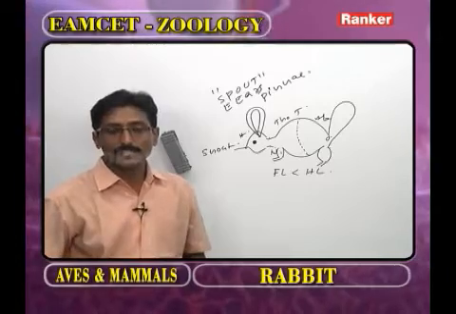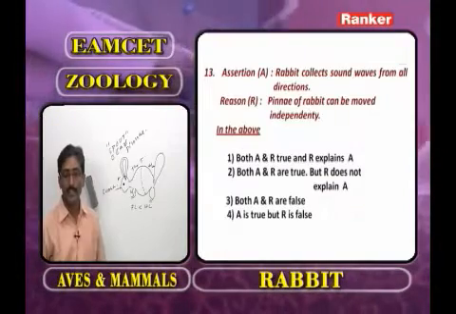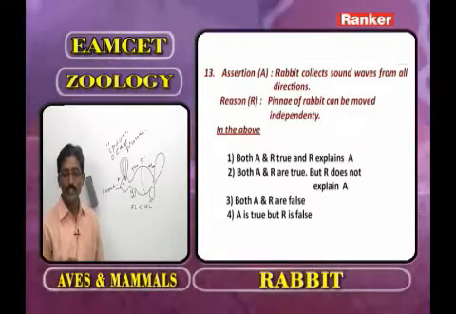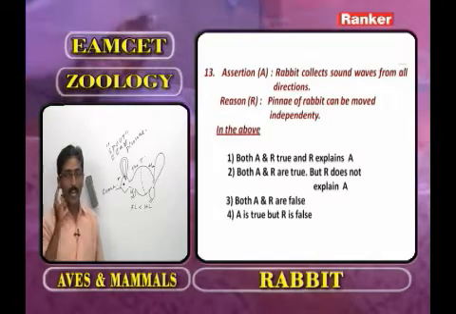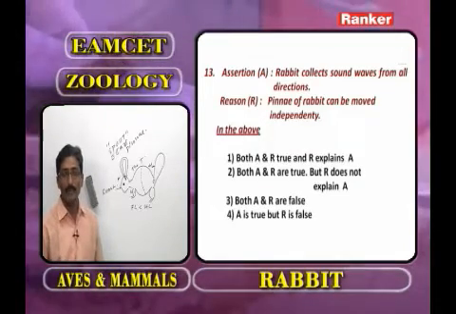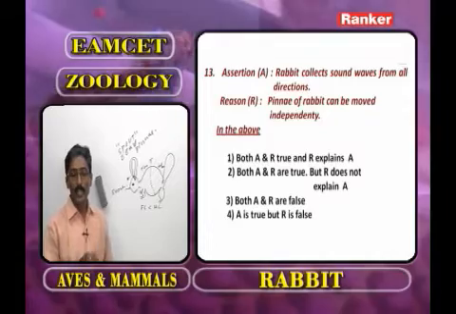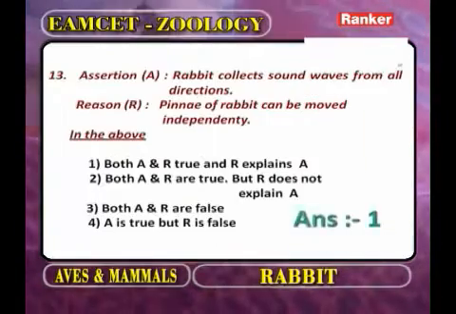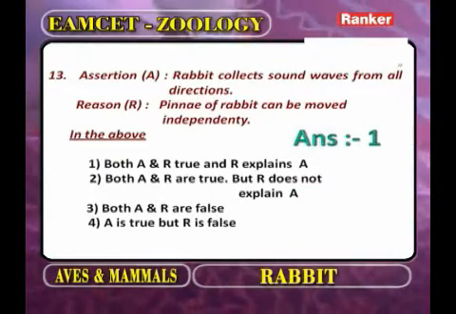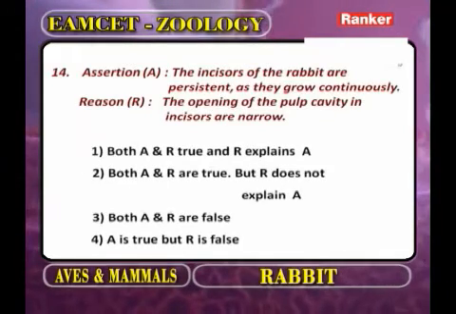Based on this information, rabbit collects the sound waves from all directions, because the pinnae or external ears of rabbit can be moved independently. So, both are correct and R explains A. Now, we go for the next question.